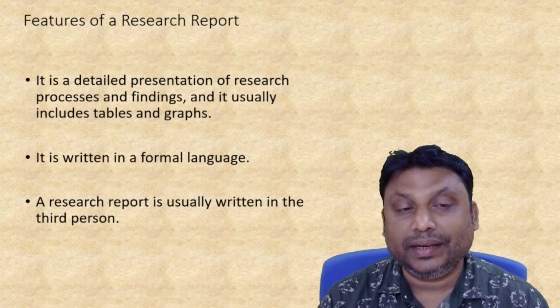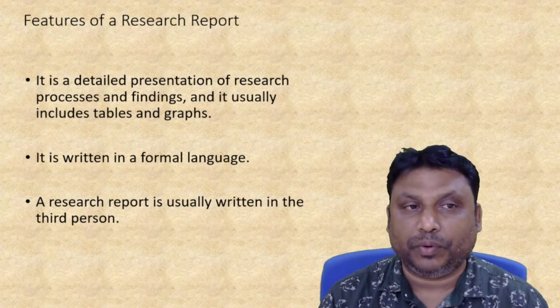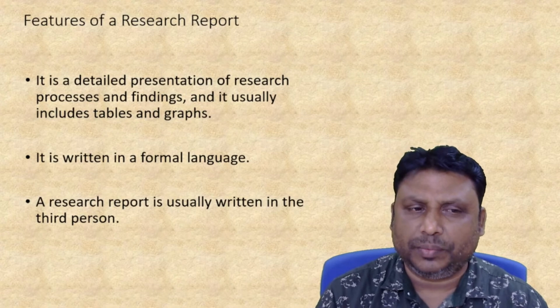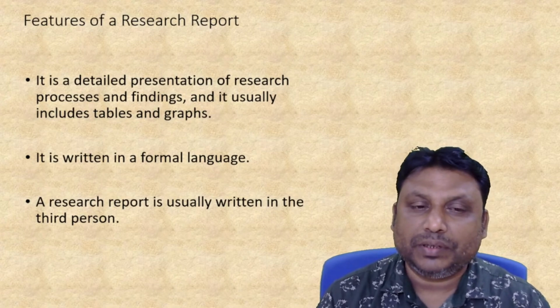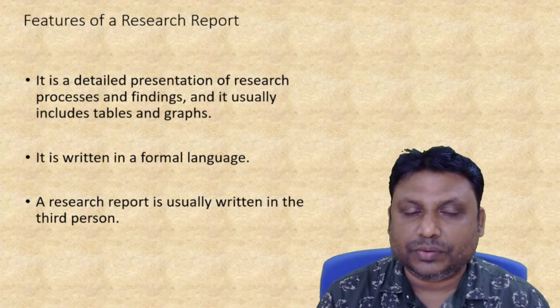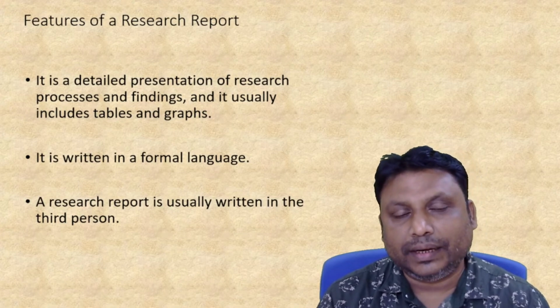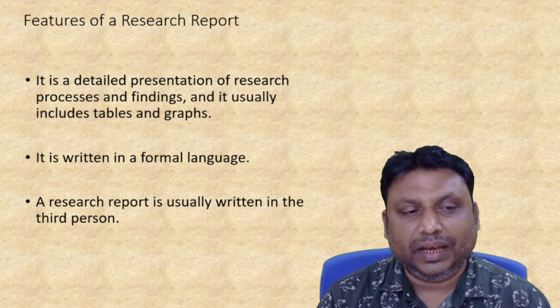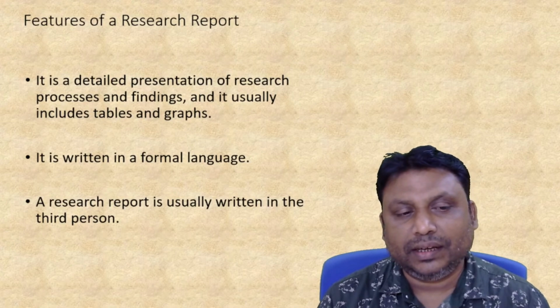When you are writing a thesis, project report or research report, the language is formal, because everyone should understand what you have written in your research report. A research report is usually written in the third person.